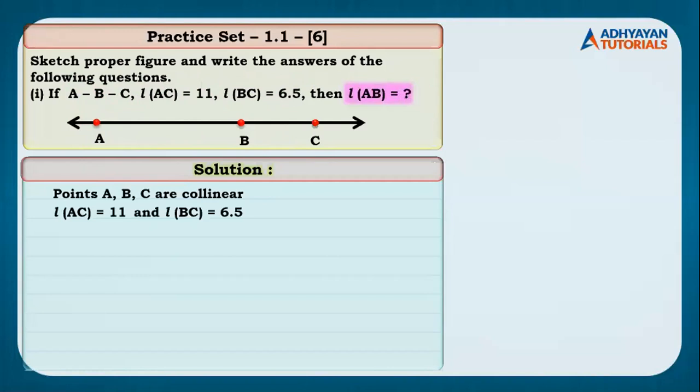So children, either you look at the figure or you look at this information. Can I write distance AB plus distance BC is equal to distance AC? Addition of the smaller distances is equal to the bigger distance, right? Now we substitute the value and get the answer. I hope you all can substitute the value.